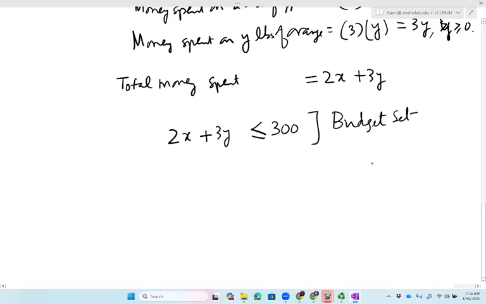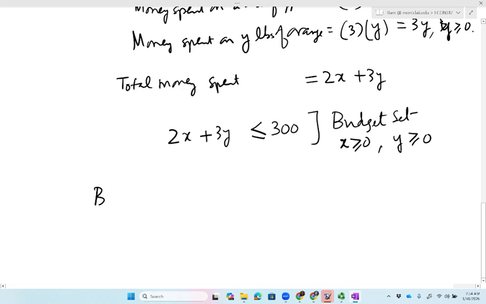This is the way we will describe the budget set using a formula, where we have X to be non-negative, Y to be non-negative, and price times the quantity of apple 2X plus price times the quantity of orange 3Y cannot exceed $300. This is the graph, the triangle which we had shown in the graph. This is the mathematical formula.